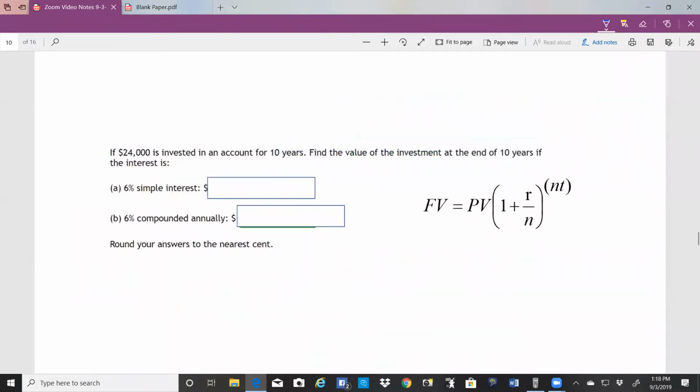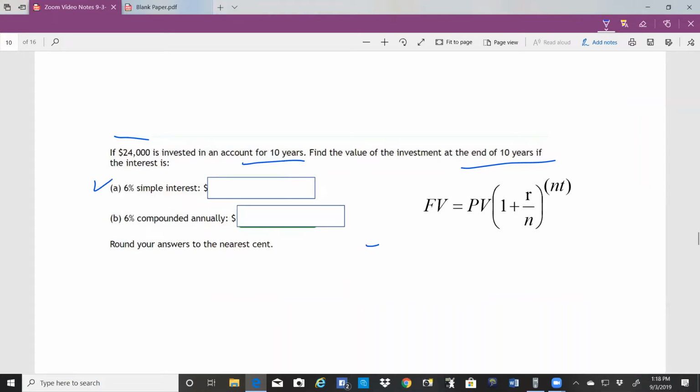Okay, let's work an example. You invest $24,000 in an account for 10 years. Find the value of the investment at the end of 10 years, first doing it with simple interest.